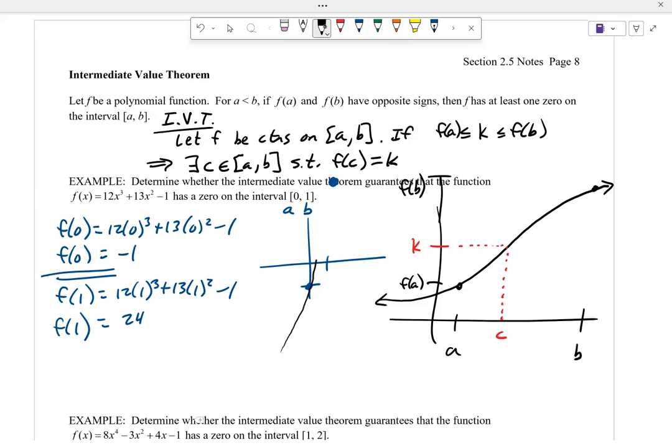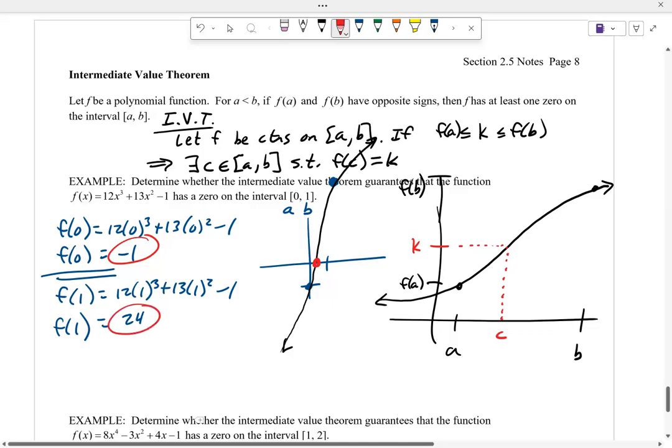I don't know what this looks like, but it's got to get up there to that 24, which means it's guaranteeing us a 0 between there. We must hit the x-axis between there. Why? Because I'm going from a negative to a positive y value. So if I'm changing signs, I've guaranteed a 0 for a polynomial function by the intermediate value theorem.